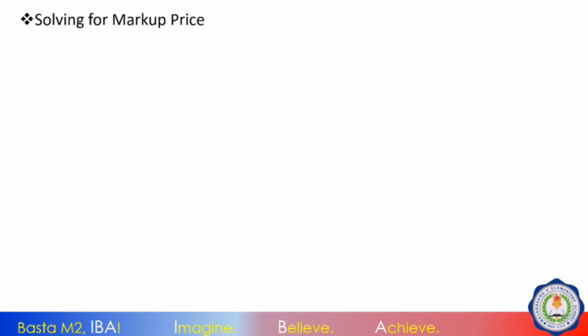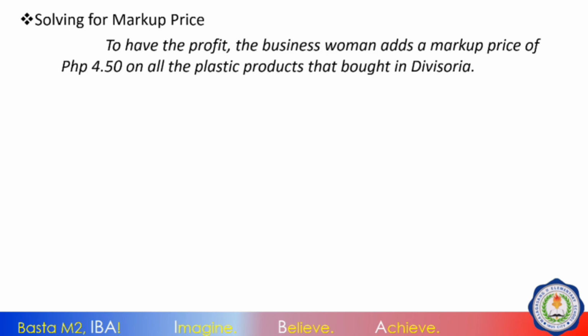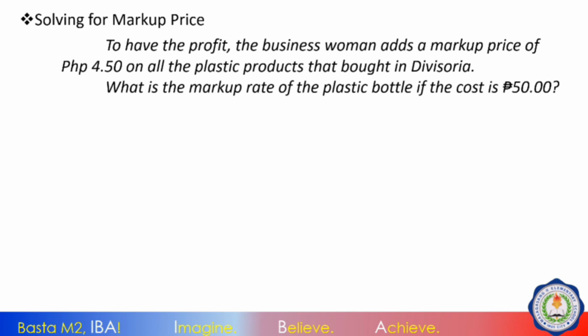Let us now solve for the markup price. To have the profit, the businesswoman adds a markup price of 4 pesos and 50 centavos on all the plastic products that bought in Divisoria. What is the markup rate of the plastic bottle if the cost is 50 pesos? What will be the markup or selling price?